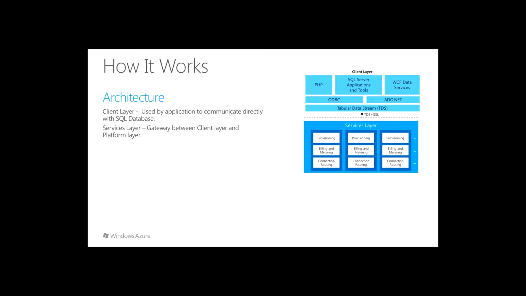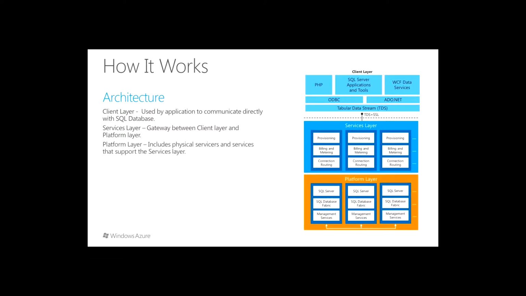Equally, it does our provisioning. So when we spin up a new server or a new database, it knows where the least busy server is on the back end to create our new database, right? But underneath that, it's all the same. You still have the physical layer underneath: our SQL servers on the back end, all the management services.